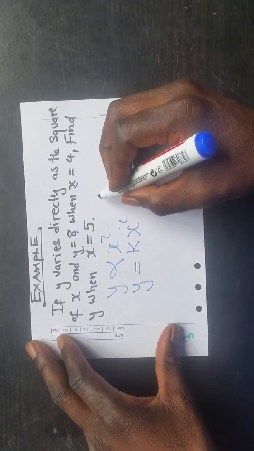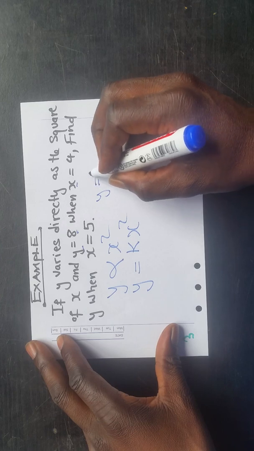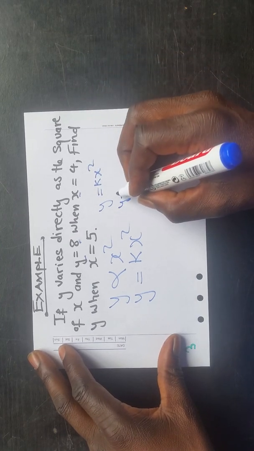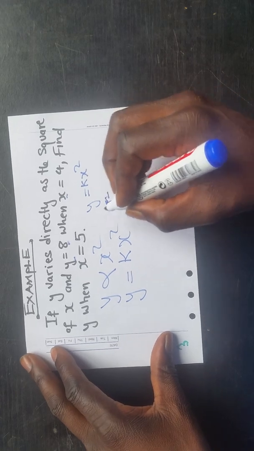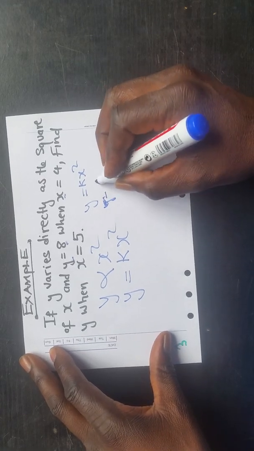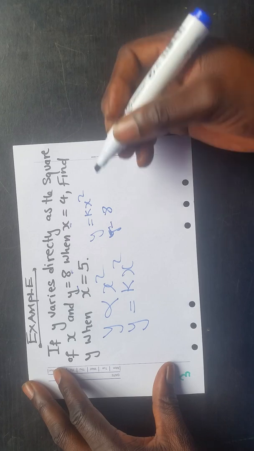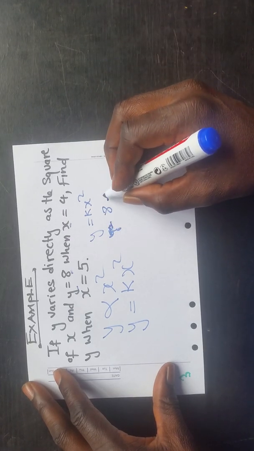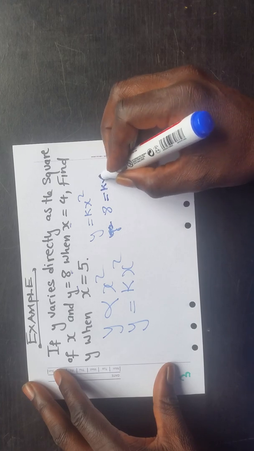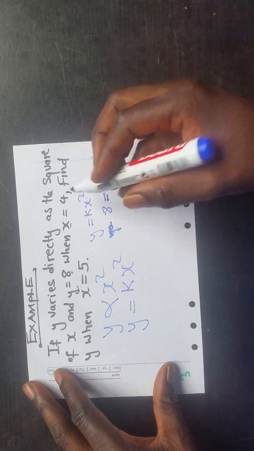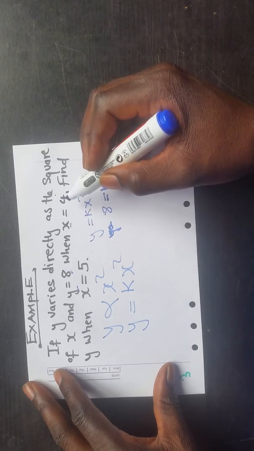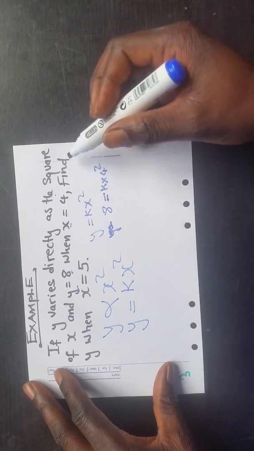So we say y is equal to kx squared. y is 8, so we say 8 is equal to k multiplied by 4 squared, because 4 is x, and it says x squared here, so 4 squared.